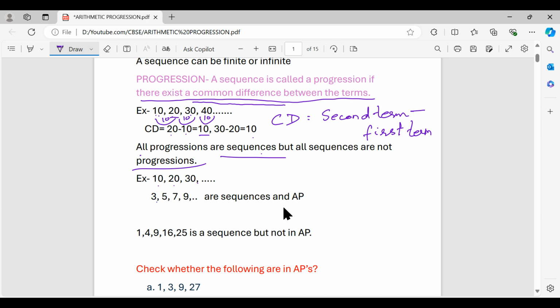This is also a progression. So these two sequences are progressions, and the reason is they have a common difference between the terms. Here the common difference is 10, and here 5 minus 3 gives you 2, 7 minus 5 gives you 2, 9 minus 7 gives you 2. So the common difference is 2 here as well.